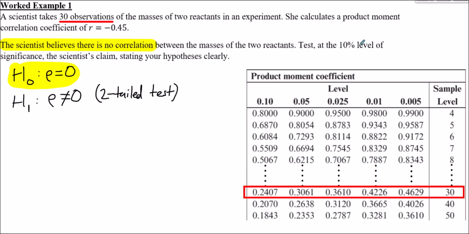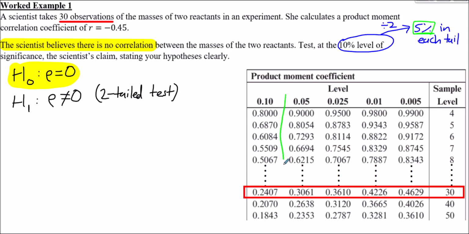So what we need to do here is we take this 10% level of significance, we're going to divide that by 2 and test 5% in each tail. So because we're testing 5% in the lower tail and 5% in the upper tail, we're going to be reading off at 0.05.